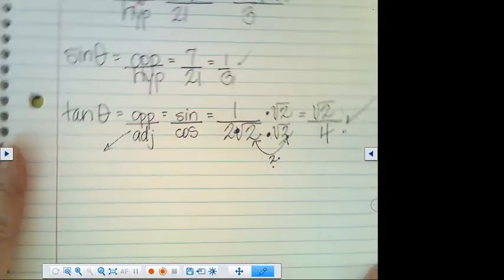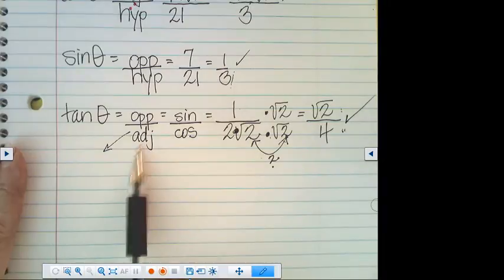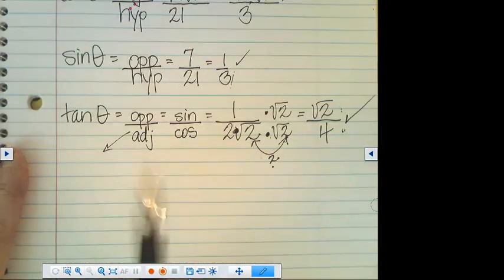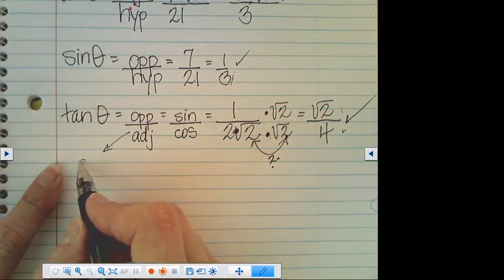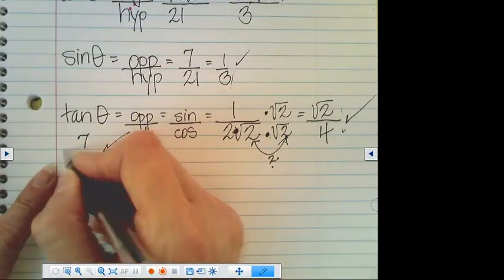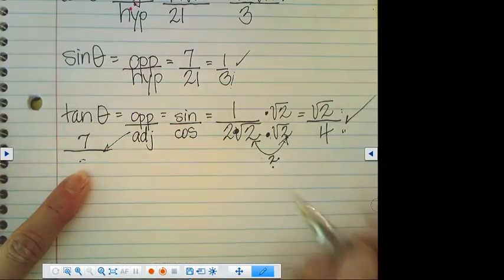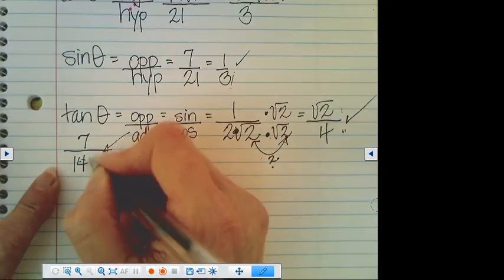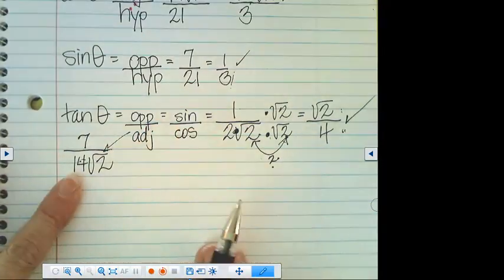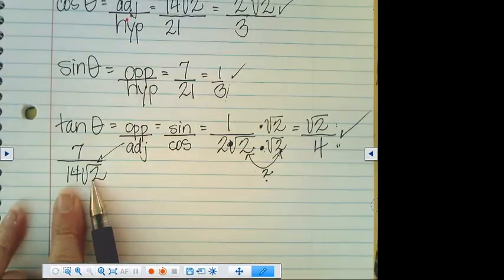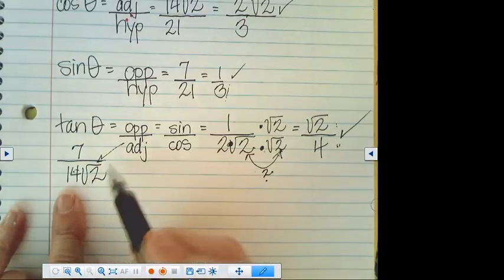Let's go back and let's do opposite over adjacent. Go back to your triangle. What's your opposite side? Is it 7? What's your adjacent side? 14 square root of 2. What does this actually reduce to?